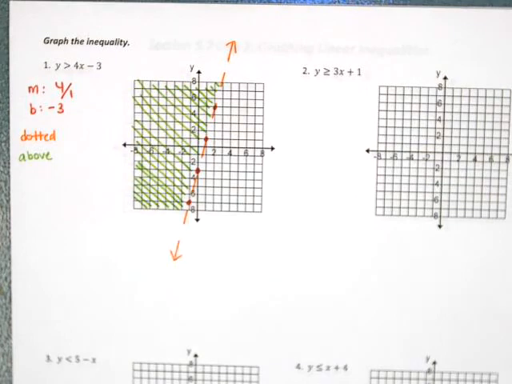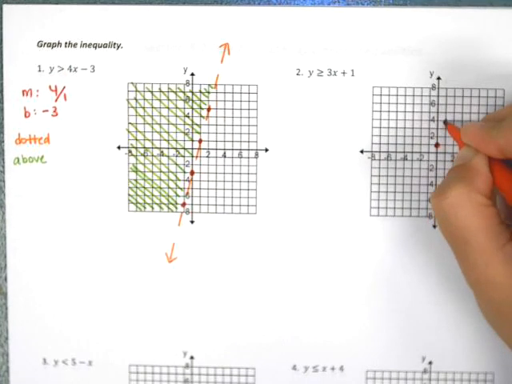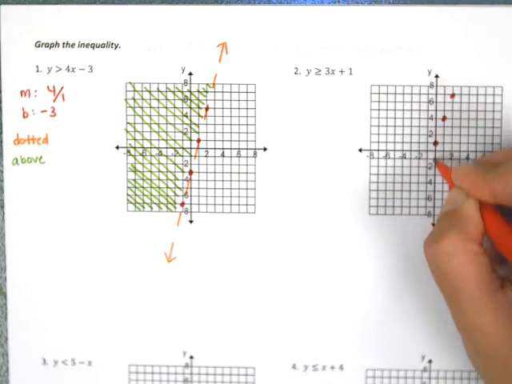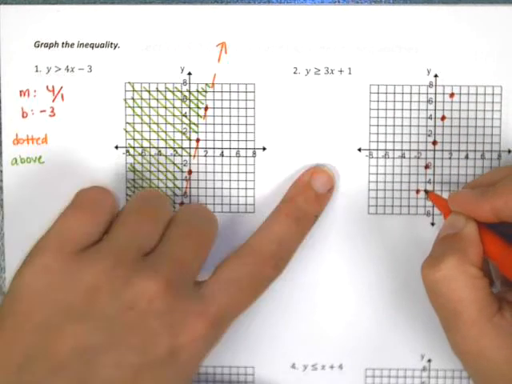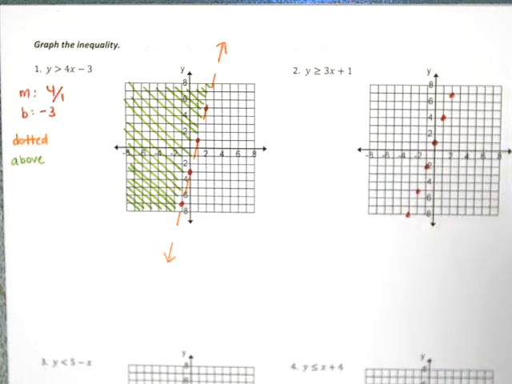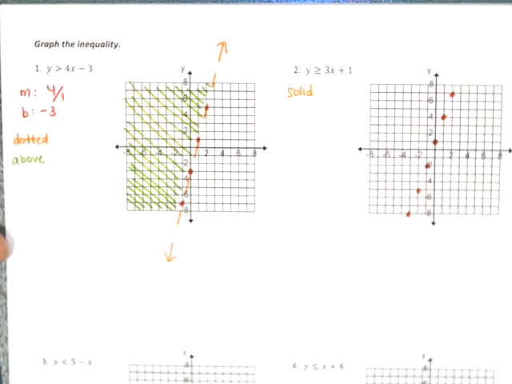Let's try number 2. So for number 2, I'm going to begin at the 1. From there, I'm going to rise 3, run 1. Now, I'm not writing this out this time. If it helps you to make a list over here, like I did on this problem, please feel free to do so. I'm going to make this line solid because this time there is an equal to symbol.